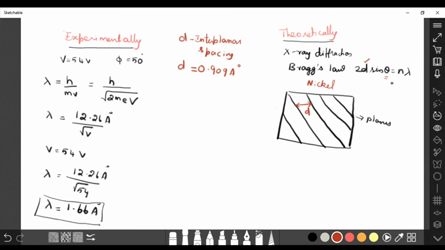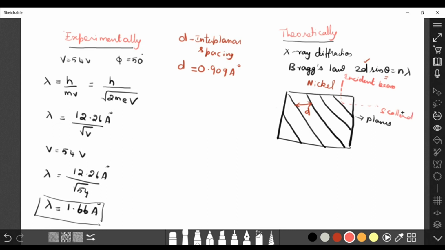Listen carefully. This is the incident beam and this is the scattered beam. It is the incident beam of electrons and this is the scattered beam.